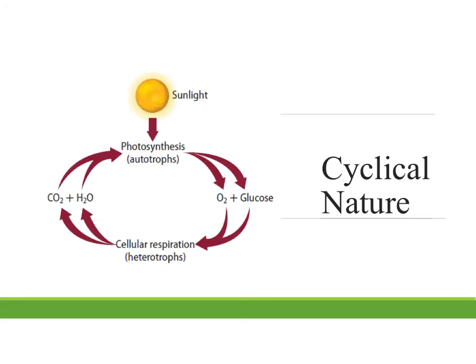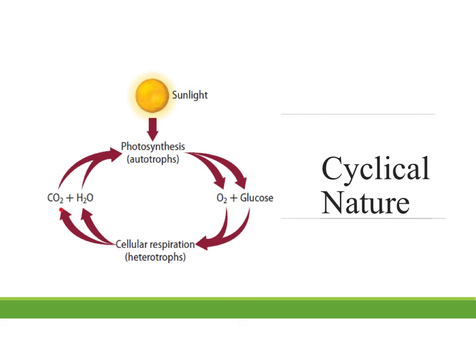So when we look at these catabolic and anabolic reactions, I want you to notice that they are cyclical in nature, which means the products of one reaction are the reactants of another. So if we look at photosynthesis, that anabolic pathway, photosynthesis produces oxygen and glucose, but then oxygen and glucose are needed for cellular respiration to happen.